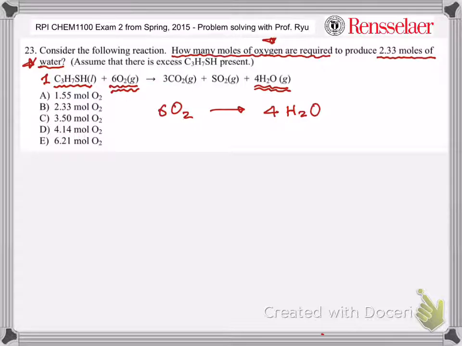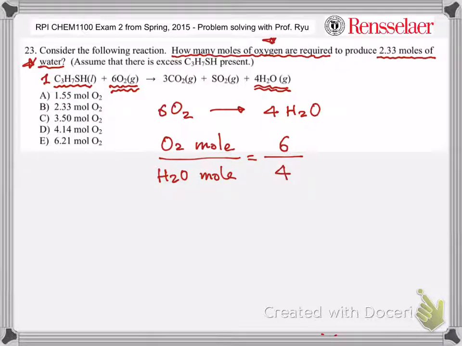So 6 moles of O2 will react to produce 4 moles of H2O. Now, O2 moles consumed over H2O moles being produced is essentially a ratio. They will use 6, they will produce 4. That's how they correspond to each other.